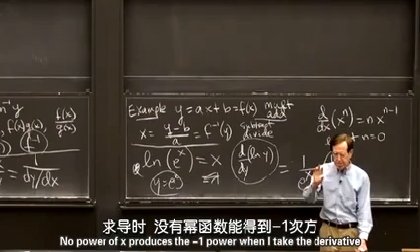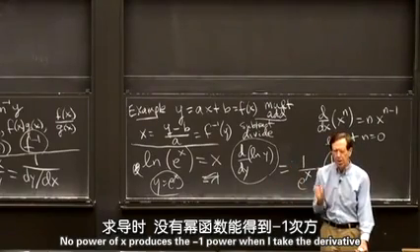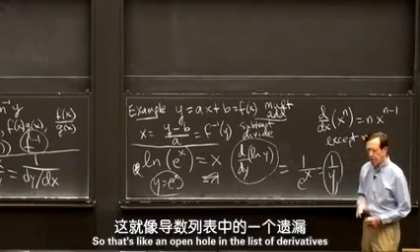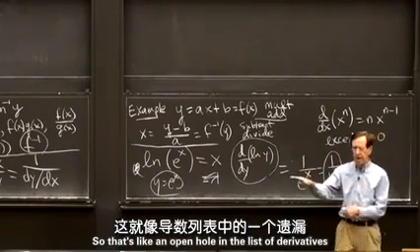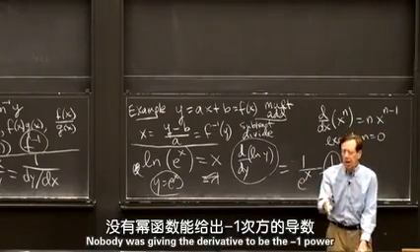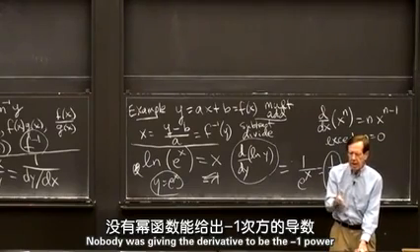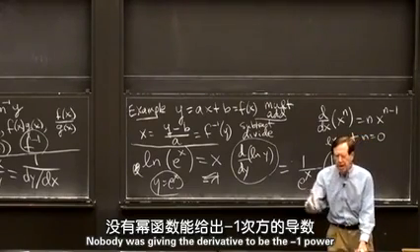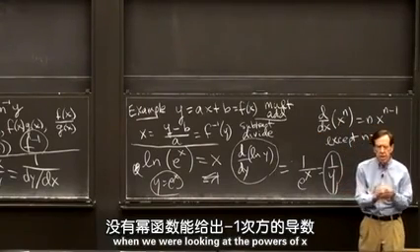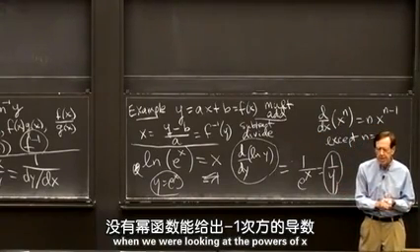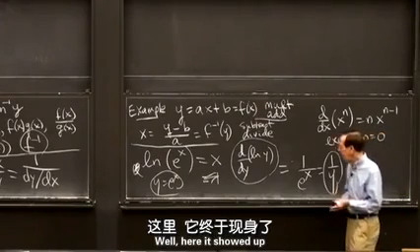No power of x produces the -1 power when I take the derivative. So that was like an open hole in the list of derivatives. Nobody was giving the derivative to be the -1 power when we were looking at the powers of x. Well, here it showed up.